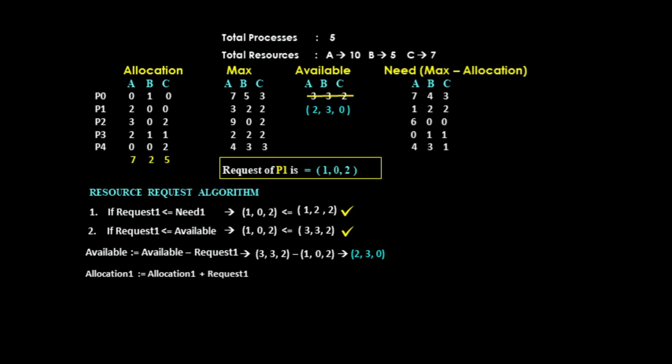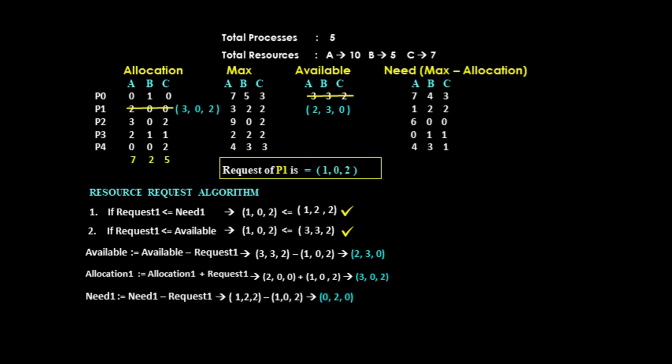Next we will change the allocated resources of the process P1. That is, it is increased by adding the requested resources to the already allocated resources of the process P1. Here in this example, 102 is added to 200, which is equal to 302.